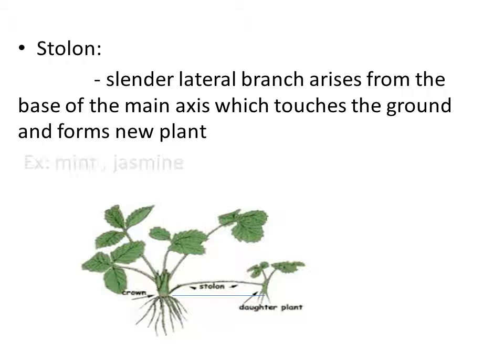The modified part here is the stem. The stolon can be seen in the mint plant as well as in jasmine. Mint and jasmine plants multiply their number by one of the modified stems, that is called a stolon. If we find an arc-like modified stem, that is named a stolon, right?